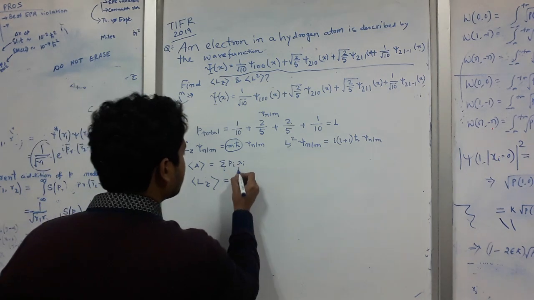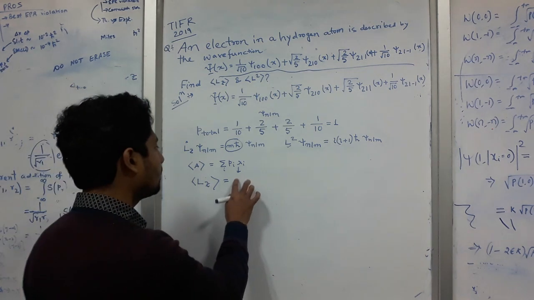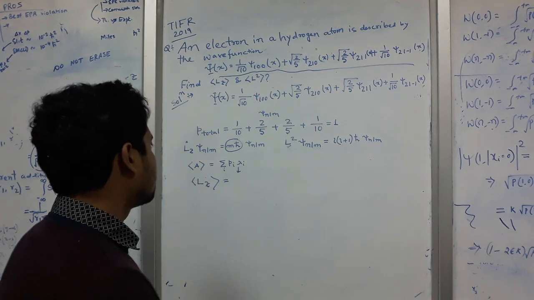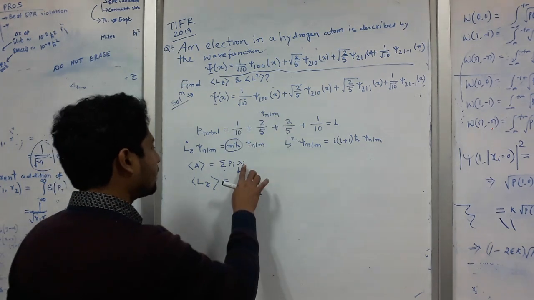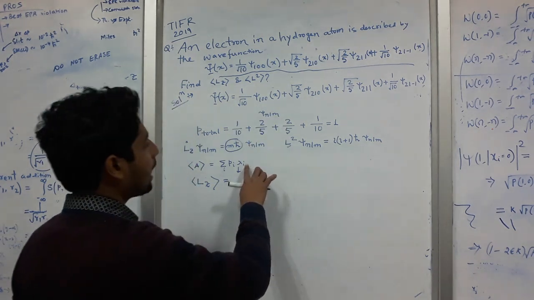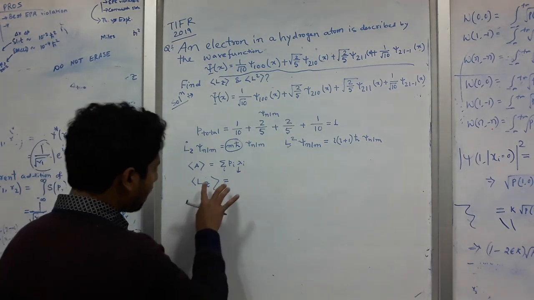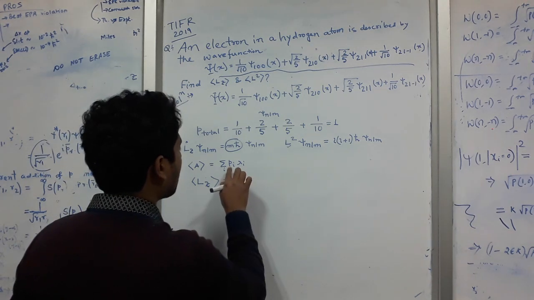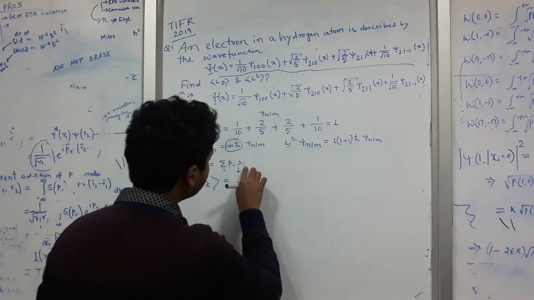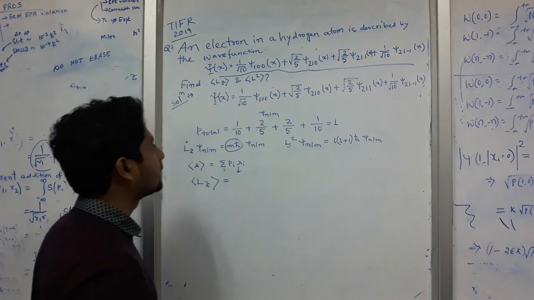So if I use this relation, then Pi is the probability of each state and lambda is the eigenvalue corresponding to each state. So now to find the expectation value, I will write the probability multiplied by the eigenvalue corresponding to the state.